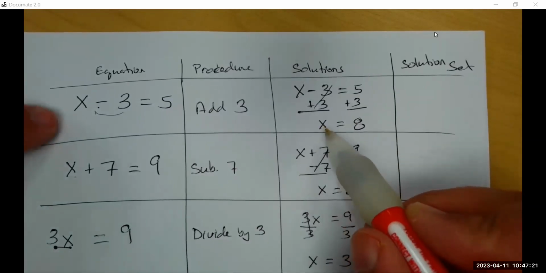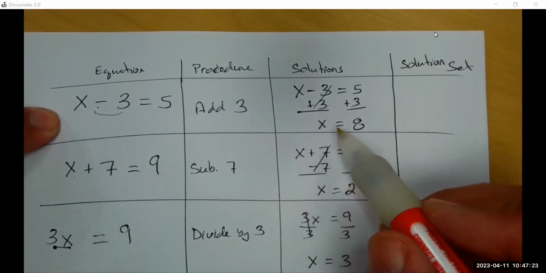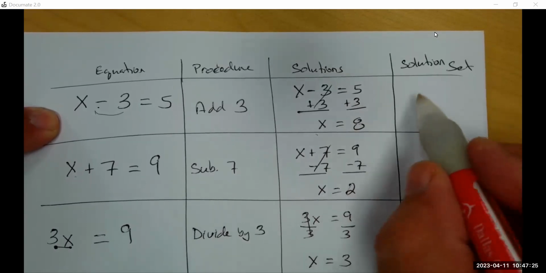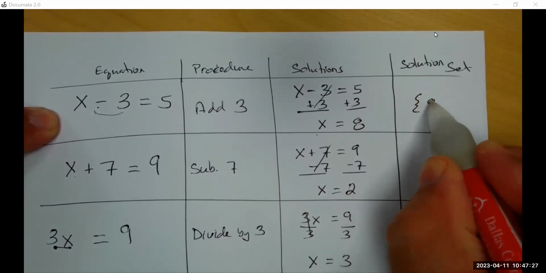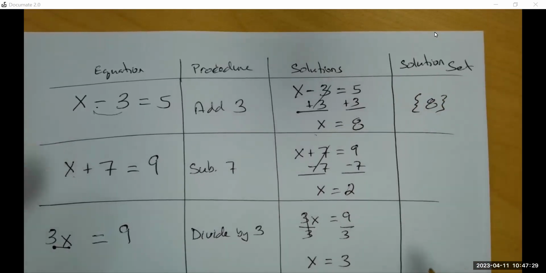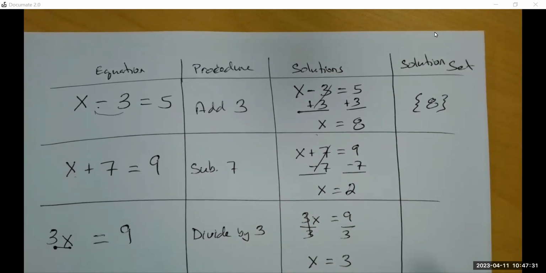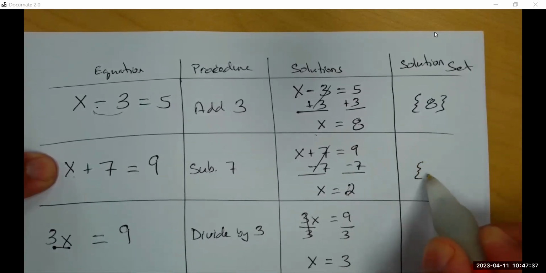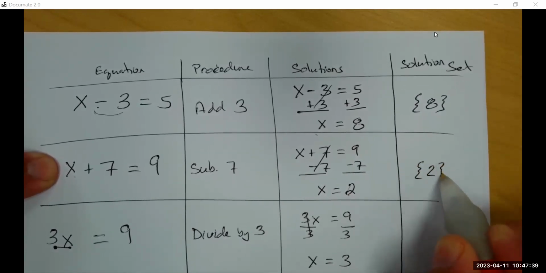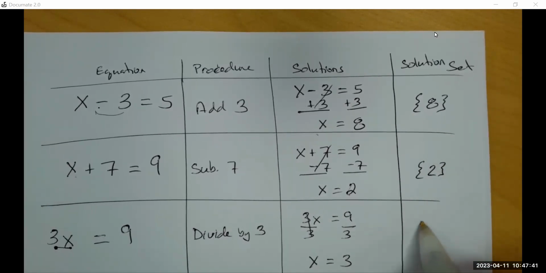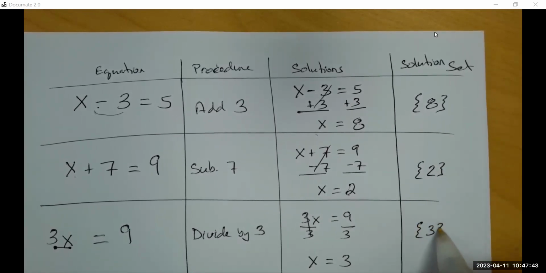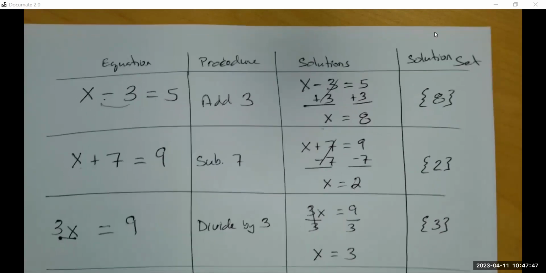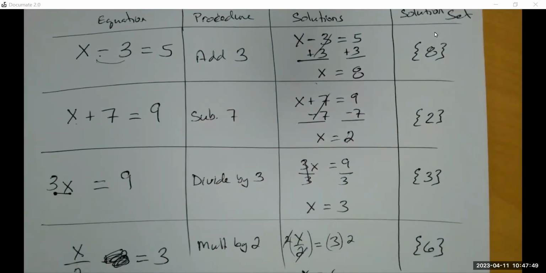Since this is a linear equation, meaning it only has one answer, x equals 8. So my solution set is 8 in brackets. This is a linear equation, meaning I only have one solution. And in this case, it's 2. And likewise, those are your solution sets.